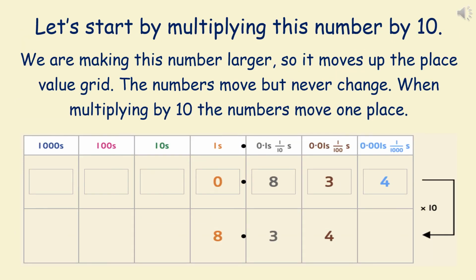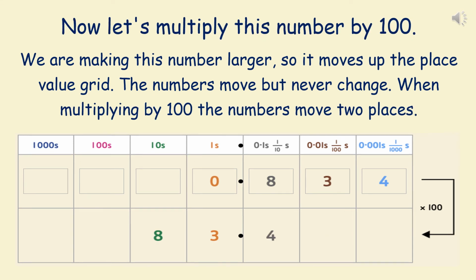Let's start by multiplying this number by 10. We are making the number larger, so it moves up the place value grid this time. The numbers move but never change. When multiplying by 10, the numbers move one place. This makes the new number 8.34.